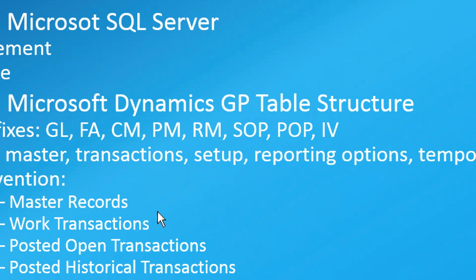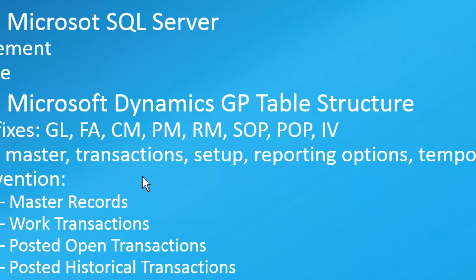Another thing that we need to keep in mind is the type of record the table stores. We can have master records that belong, for example, to vendors, customers, accounts, items, etc. Any master entity will be stored in this type of table.